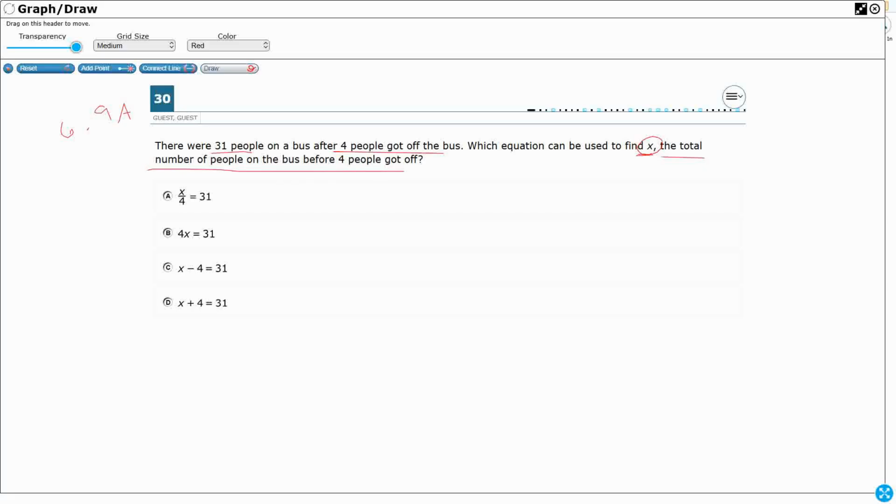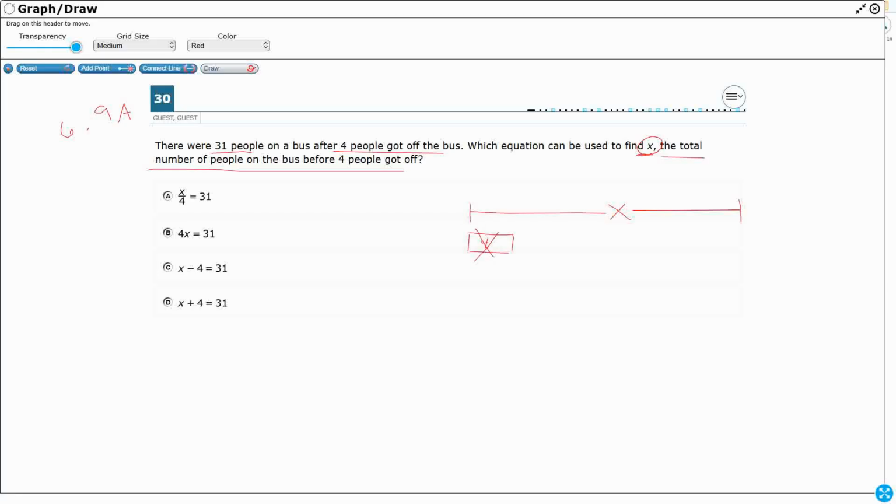So I'm going to draw a strip diagram here to represent this. This is a part-whole relationship. So my whole is my total, x. I don't know how many that is. So I know that 4 people got off, so I'm going to just draw a little tiny rectangle here that's going to represent my 4 people that got off.